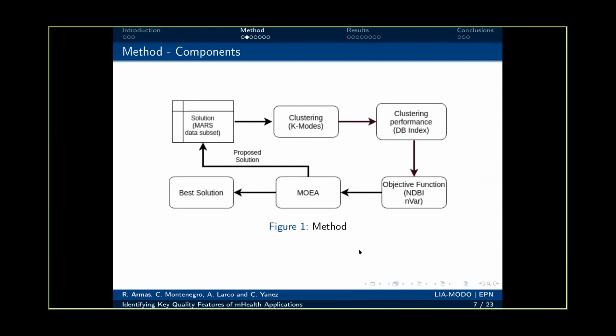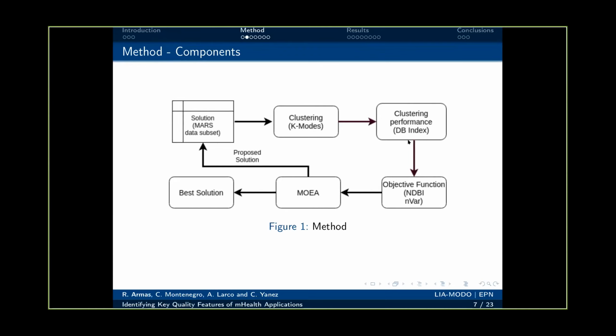So, second point, the method. The method that we use is this figure 1. The first component is the MARS data subset, and in order to evaluate this subset, we use a clustering K-modes algorithm. And to qualify the quality of the clustering, we use an index to check the quality of the cluster.